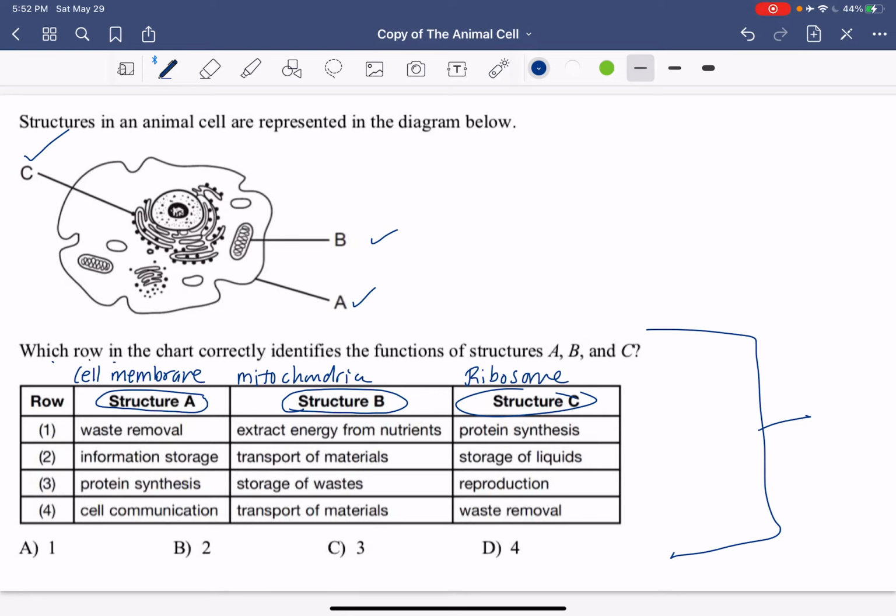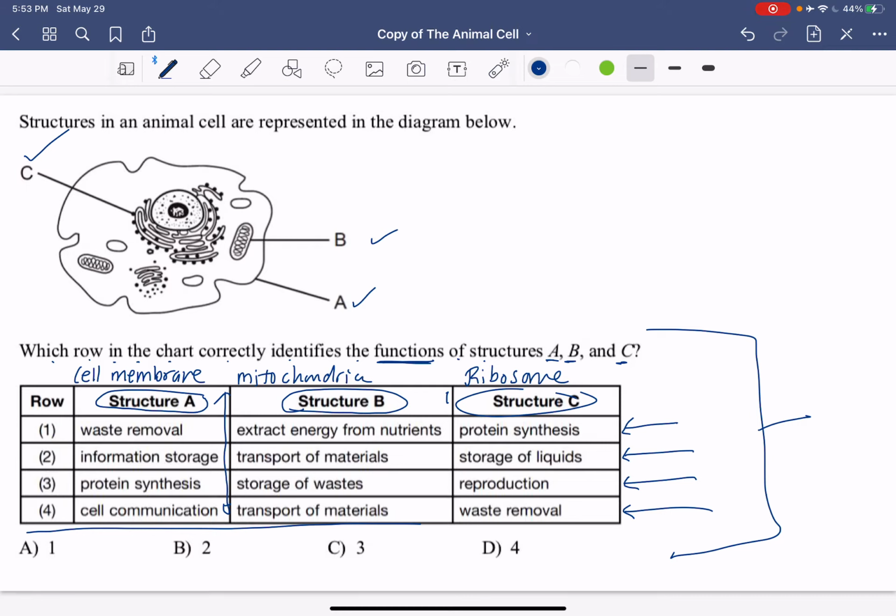Which row in the chart correctly identifies the functions of structures A, B, and C? Annotate your question so that you know what they're asking. They want to know which row, I'm sorry, that's a column. Which row, is it this row, this row, this row, or this row that has all of their functions correct?